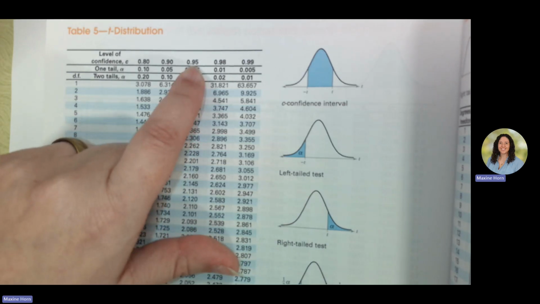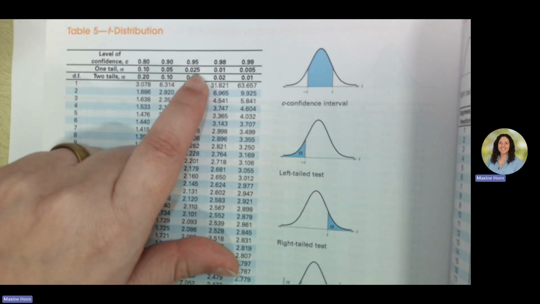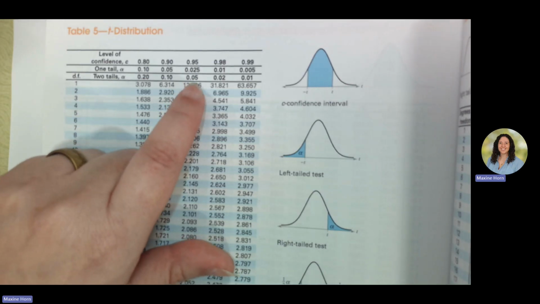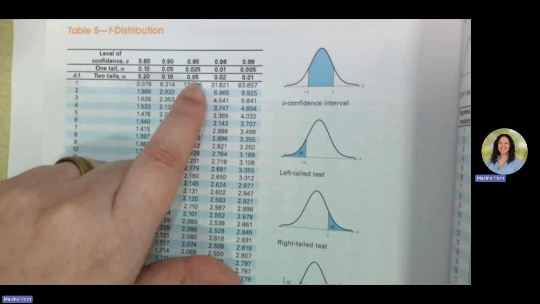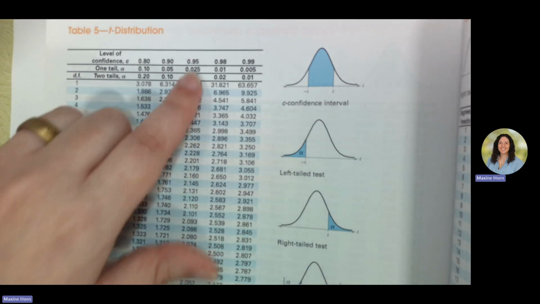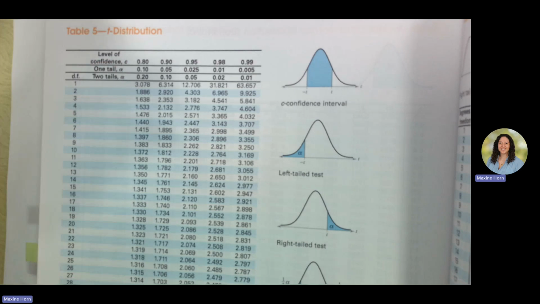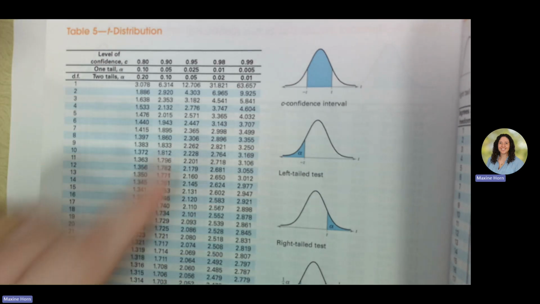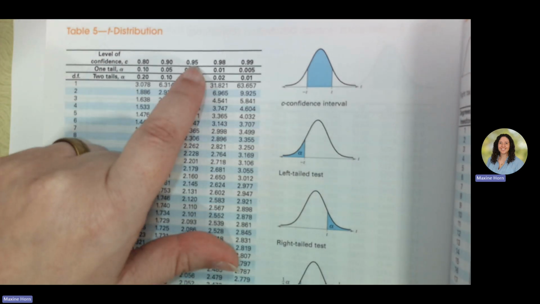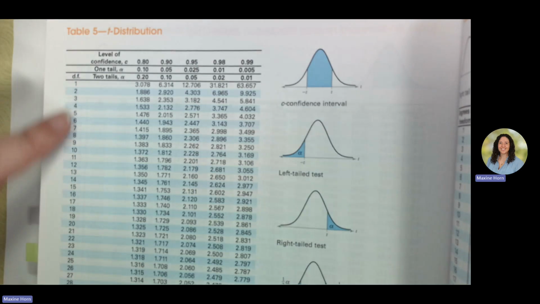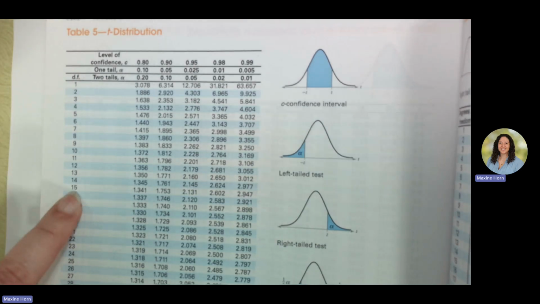All you have to tell it is your confidence level. If you want to know your alpha, there it is. If you want to know what's in each of the tails, I would say don't look at that because you're not worried about that. It's alpha and alpha halves. But anyway, confidence level 0.95, degrees of freedom is 15.